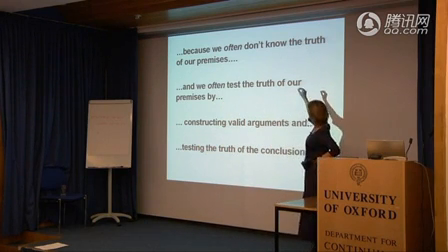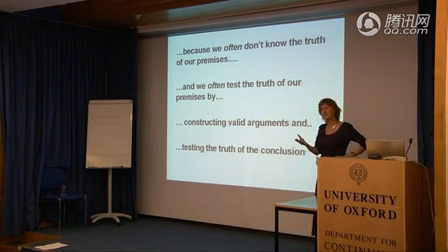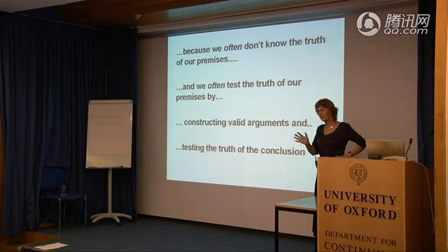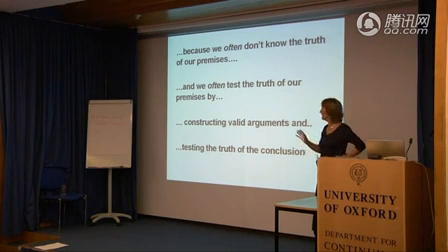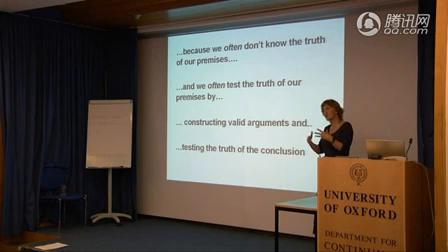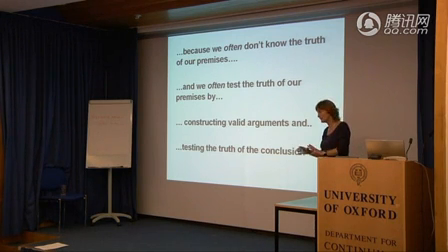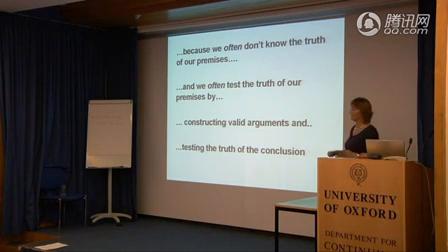Okay, so we might have a premise that we don't know whether it is true or not, but we can use that premise as the premise of a valid argument and then test the conclusion of that argument to see whether it's true or false.